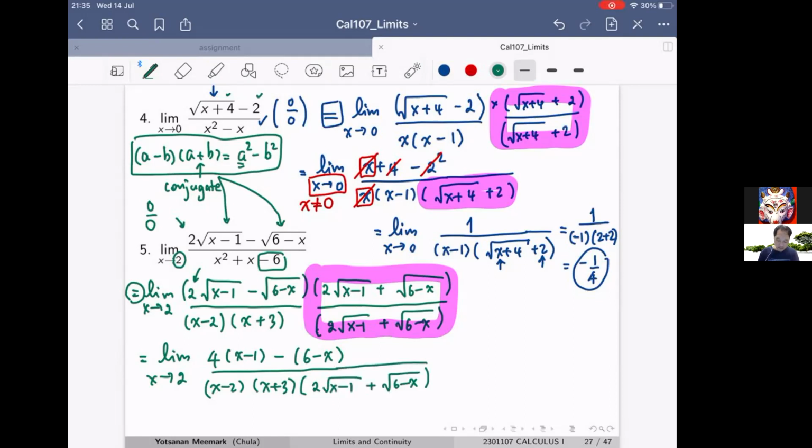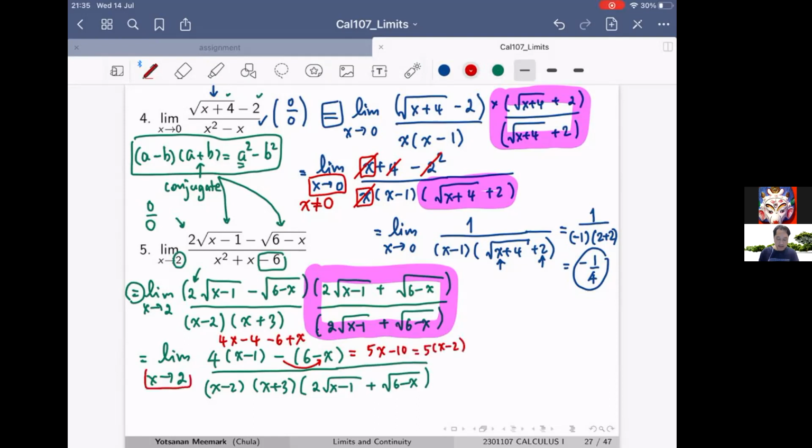So what is it on the top? This was 4x minus 4, and then this is minus 6 plus x. Don't forget plus x. So the x will be 5x minus 10, which is 5 times x minus 2.